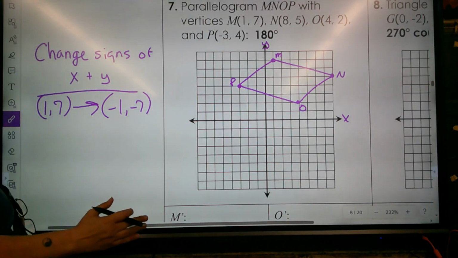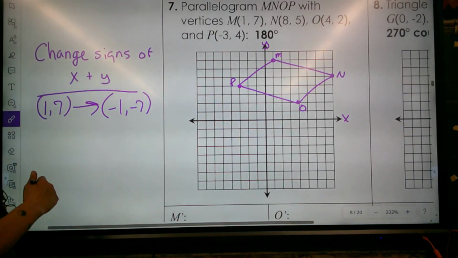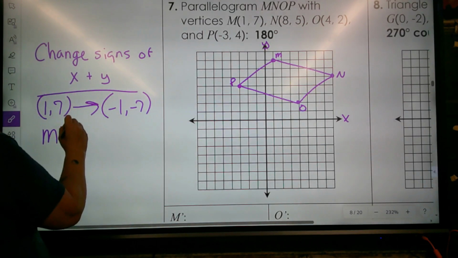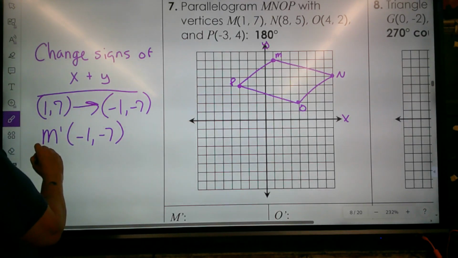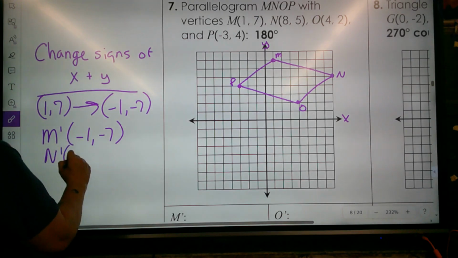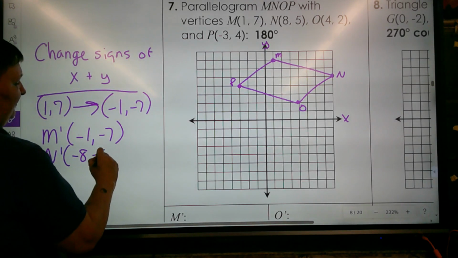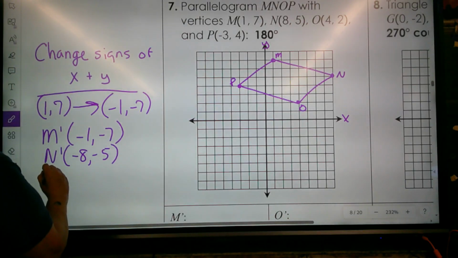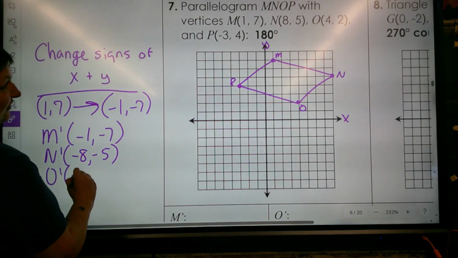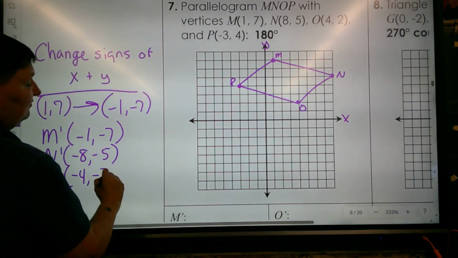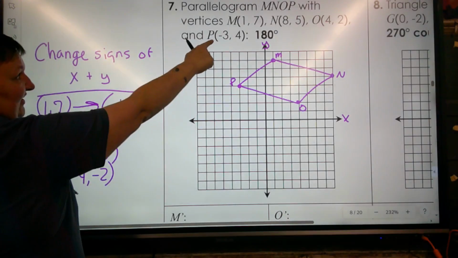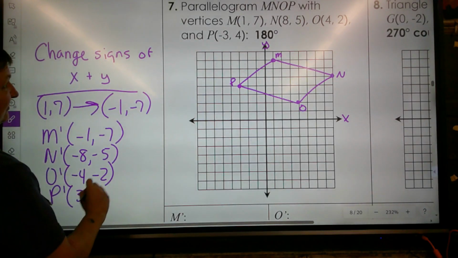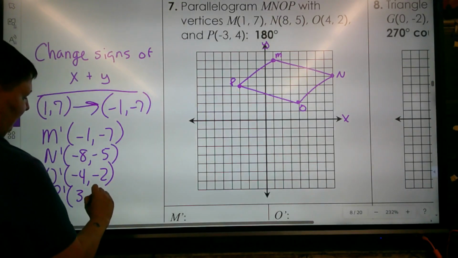If it's positive, make it negative. If it's negative, make it positive, right? So M prime is negative 1, negative 7. N prime, negative 8, negative 5. O prime, negative 4, negative 2. And P prime was negative, now it's positive. Was positive, now it's negative.